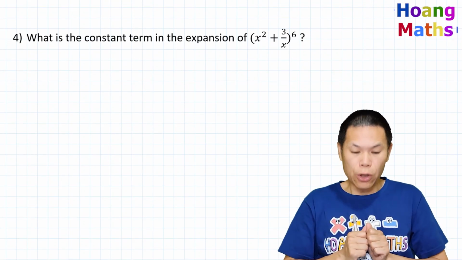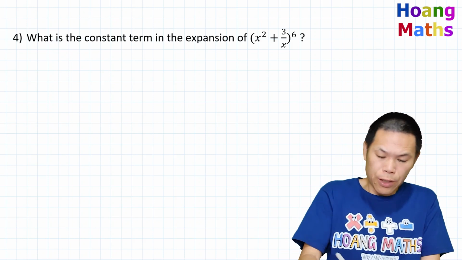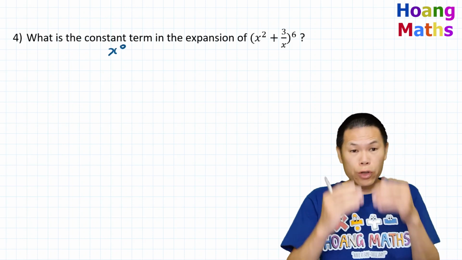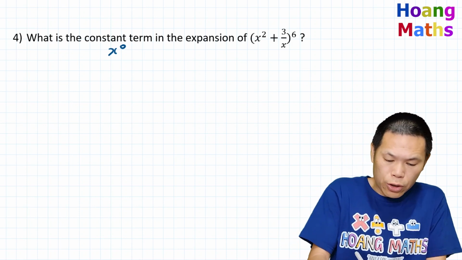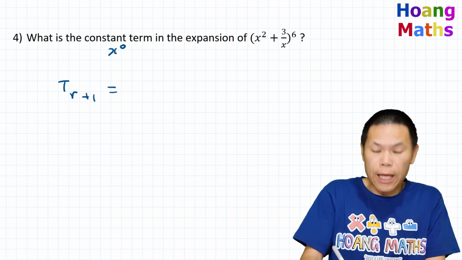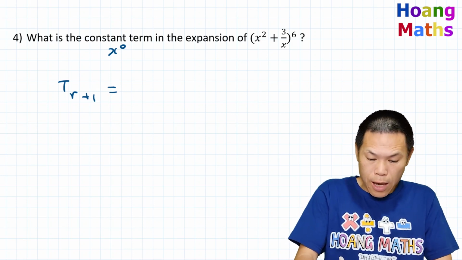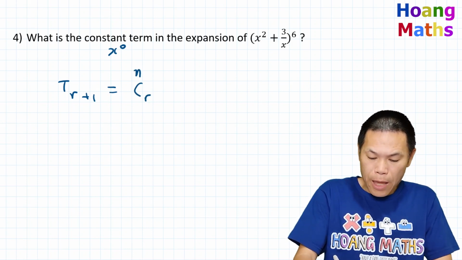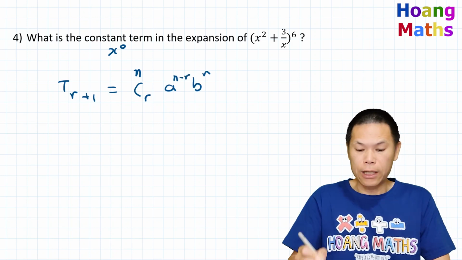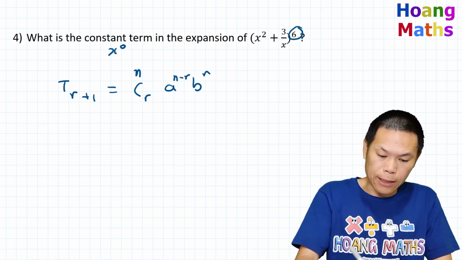Last one. To work out the constant term, this means that it must be x power of 0. Keep that in mind. We know the general term, T of R plus 1, is N C R, a power of N minus R, and b power of R. N is 6.